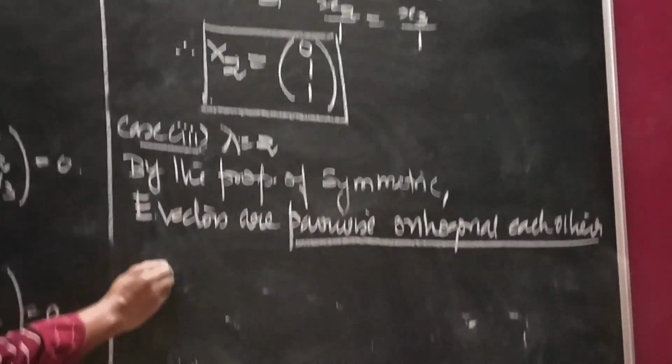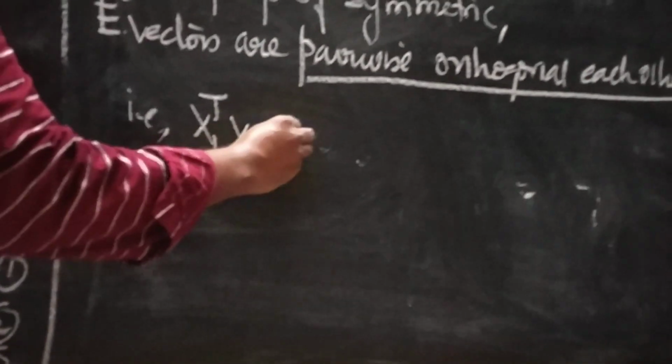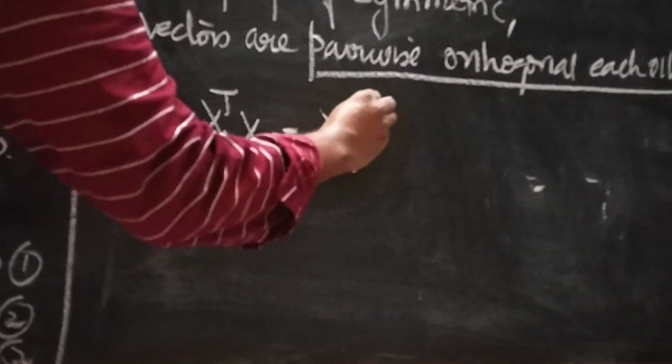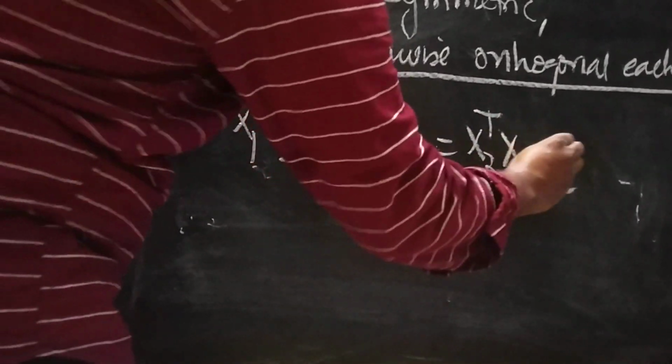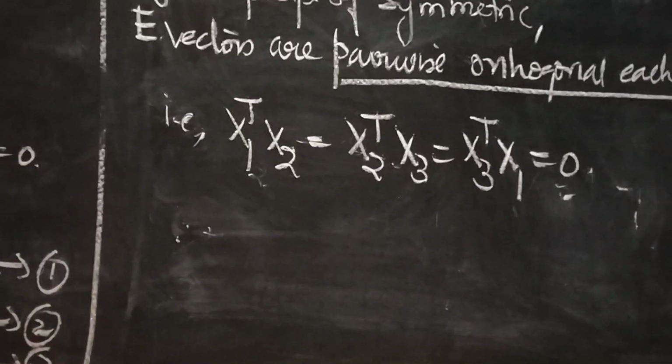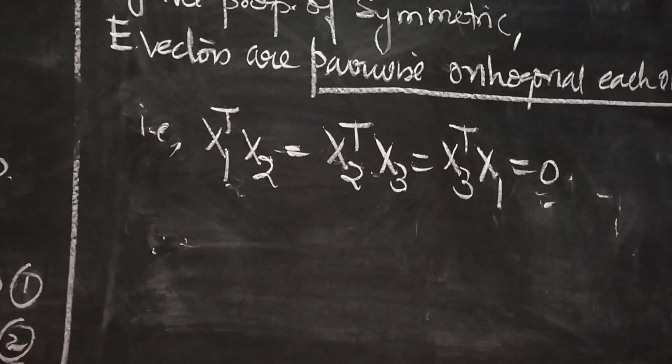That is, in notation, x1 transpose x2 equal to x2 transpose x3 equal to x3 transpose x1 equal to 0. So all the three eigenvectors are pairwise orthogonal to each other.